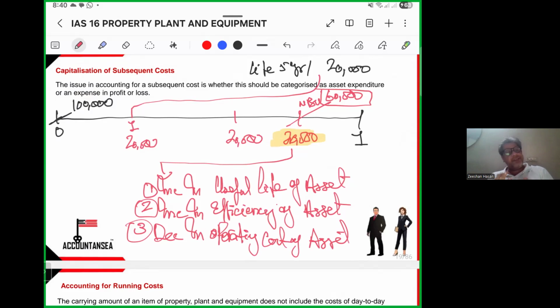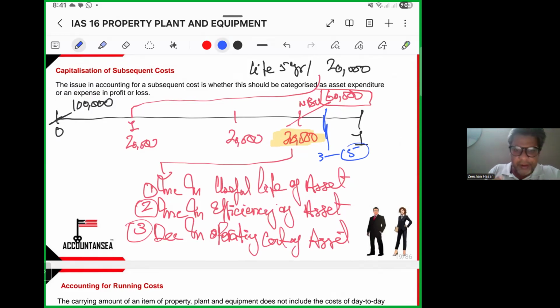If any of these things happen, for example, at this date the asset has a life of 3 years, and its life increases to 5 years or whatever it is, then it will be capitalized.